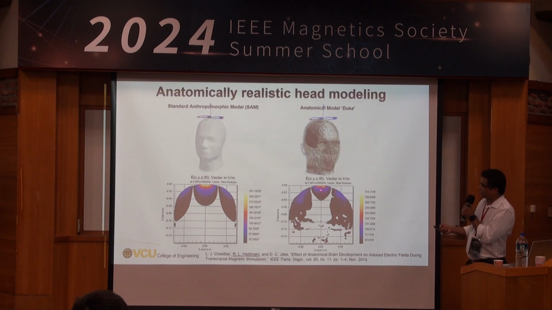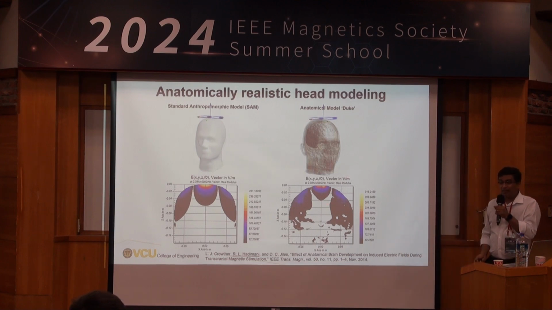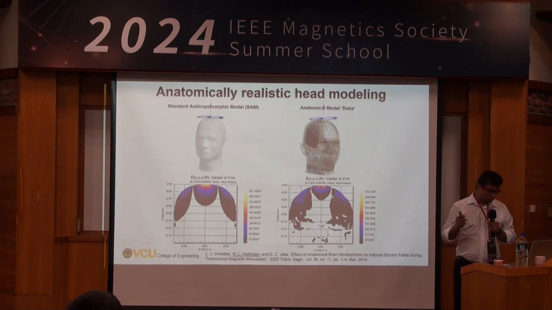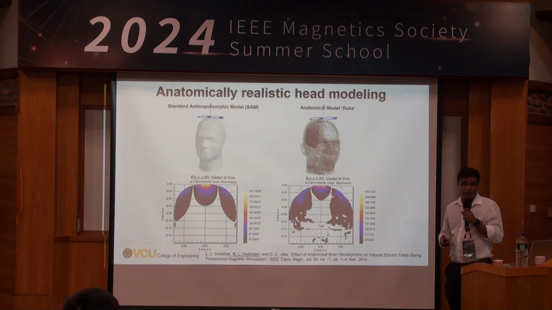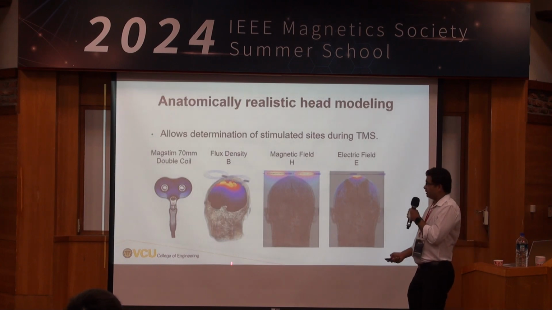You can see that there are some regions that have higher induced electric field compared to the regions that are closer to the coil. So it's not homogeneous like here. It is essential that one needs to use a heterogeneous head model if you want to design an accurate TMS coil. So that's what we have done.